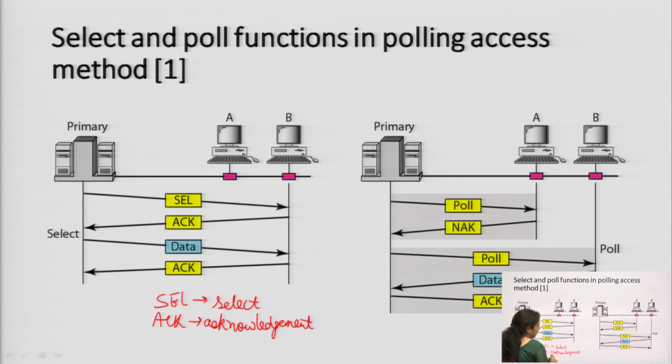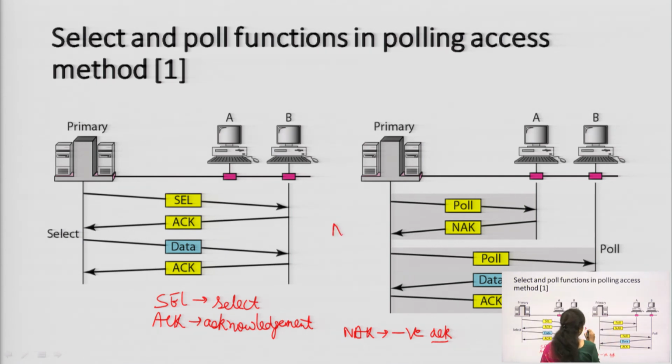Then NAK means negative acknowledgement, which we have seen. If it is written as ACK, it definitely means positive acknowledgement, not negative. Whenever it is negative acknowledgement, it will be written as NAK.